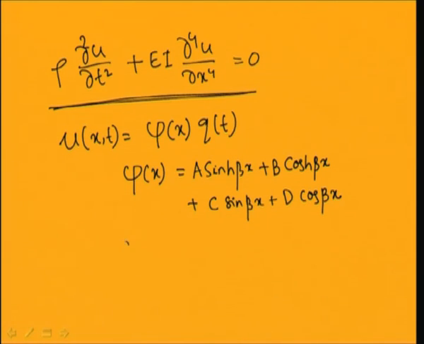Similarly, q t can be written as c1 cos omega t plus c2 sin omega t. By multiplying these two, the mode shape psi x and the time modulation q t, we can find the generalized solution for this Euler-Bernoulli beam.